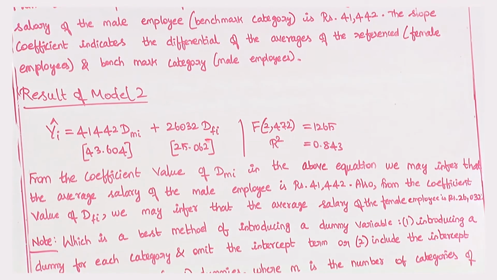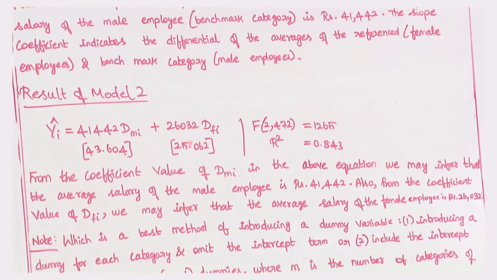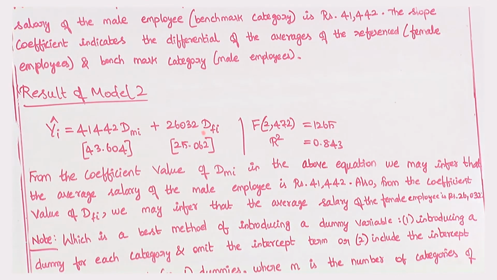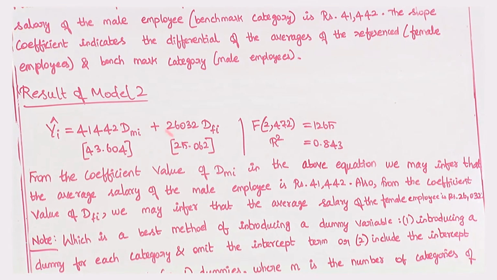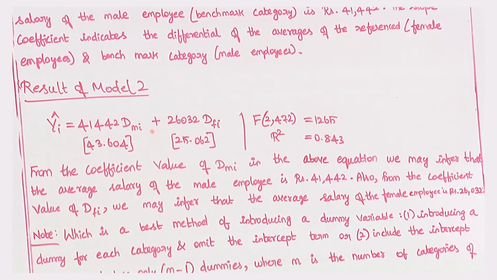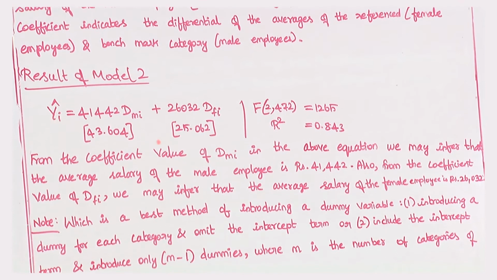The coefficient of DFI is nothing but the average salary of the female employees. So, when the two dummies are introduced without the intercept, the coefficients represent the conditional averages of y given DMI and DFI respectively.